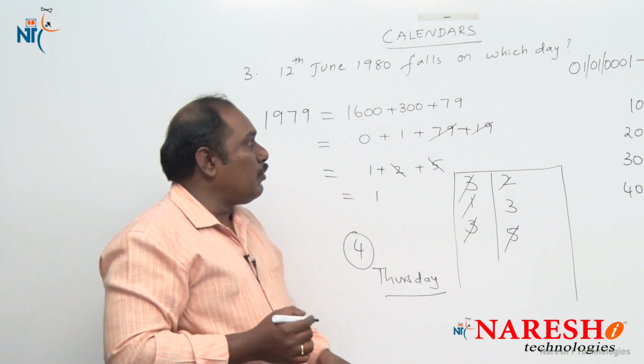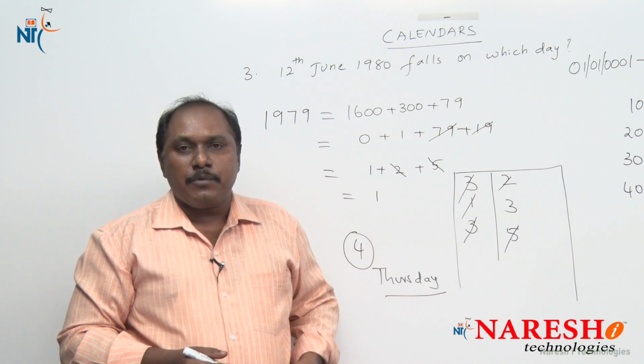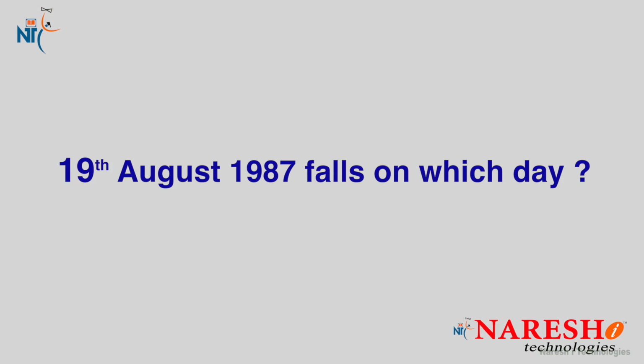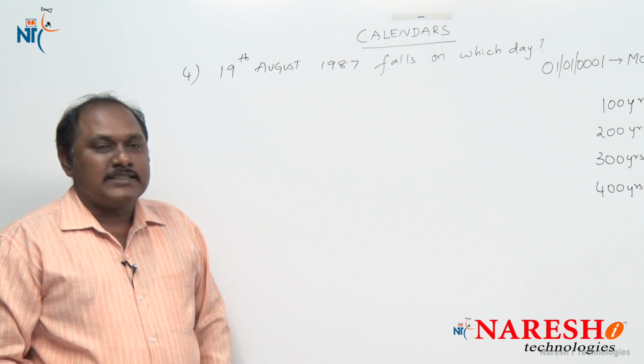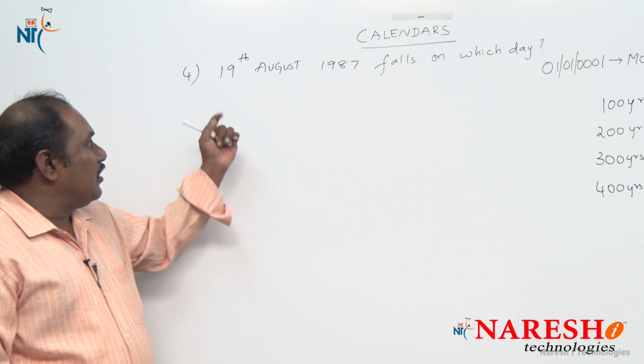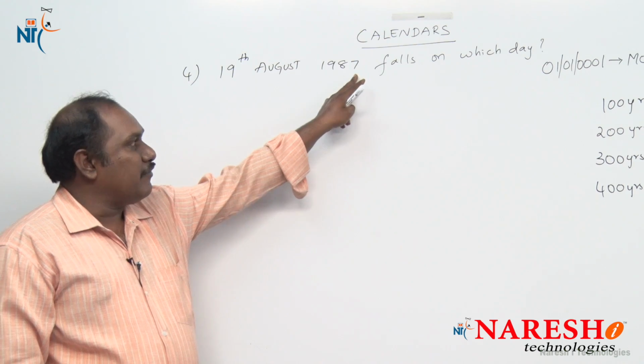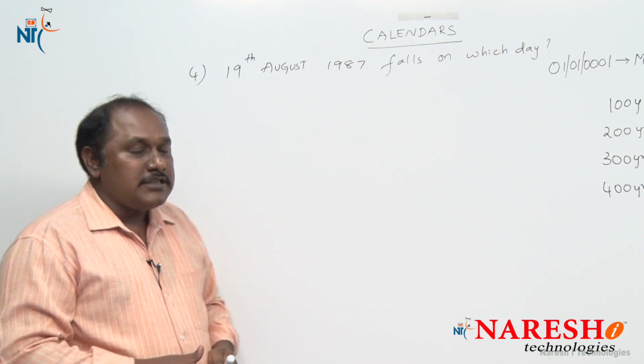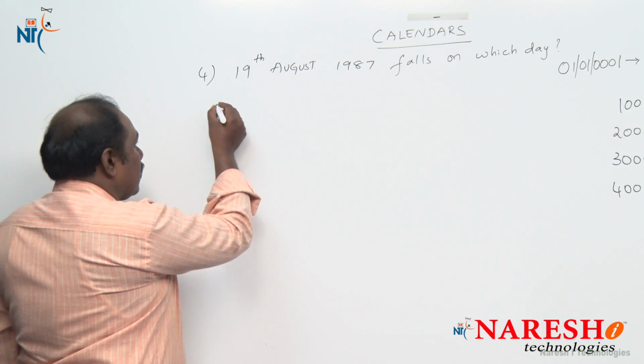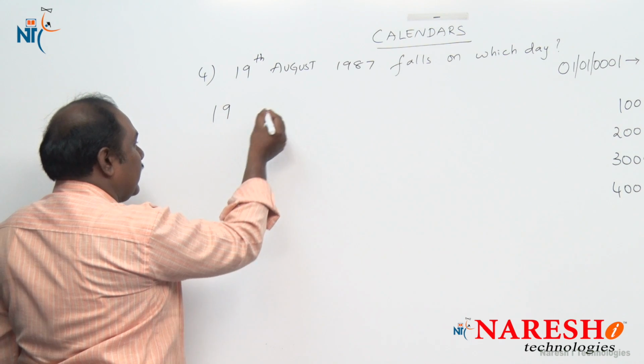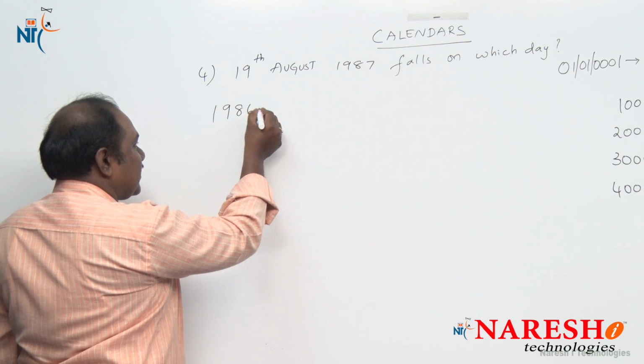Now let's take one more example and solve the problem. Now one more example of the same model. 19th August 1987 falls on which day? The first step, find out the odd days for the years which are completed, that is 1986.